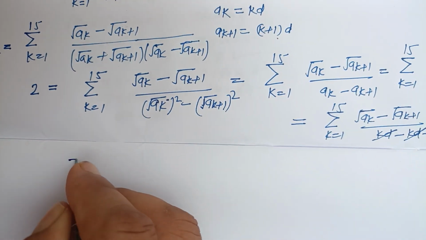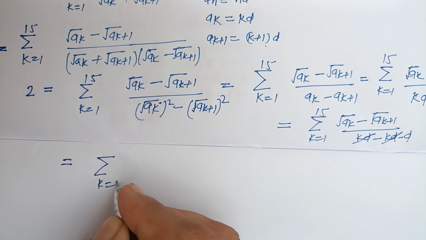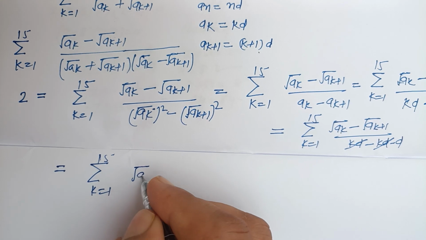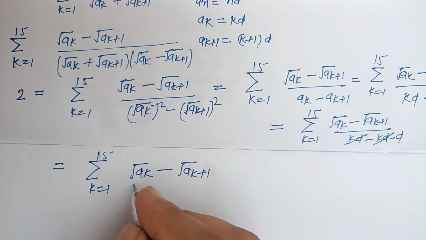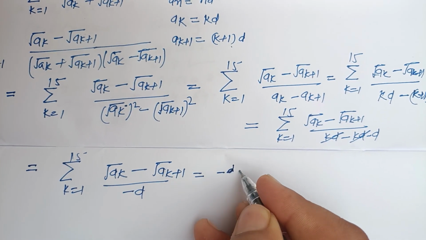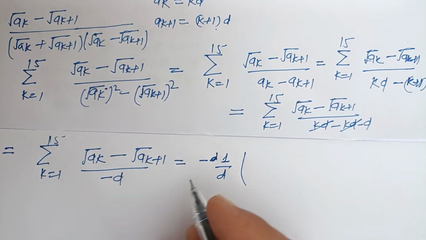Finally we got the summation k=1 to 15, this is (root a_k minus root a_(k+1)) over minus d. So minus 1 upon d. Now apply summation.